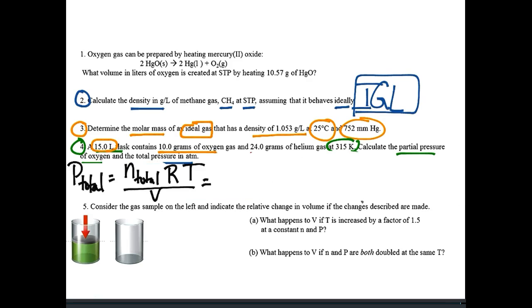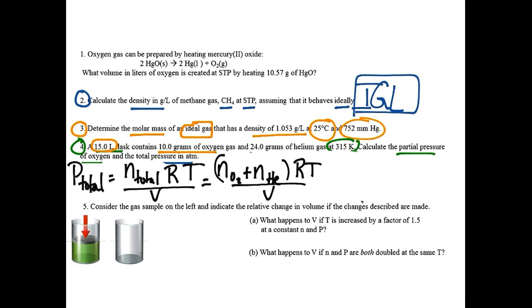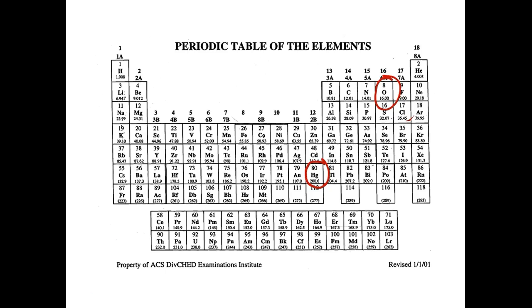The total pressure, there are 2 ways to do this. You can either calculate the partial pressure of helium and add that to the partial pressure we calculated for oxygen, or you can just go straight to the total pressure by adding up the moles, total moles, right? So we have n total times R times T divided by V. So the n total is going to be moles of oxygen plus moles of helium. Moles of oxygen we already calculated earlier, but we need to know how many moles 24 grams is.